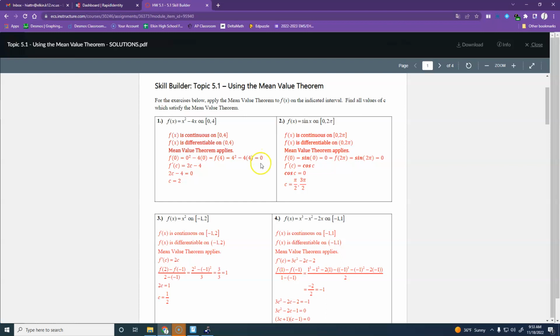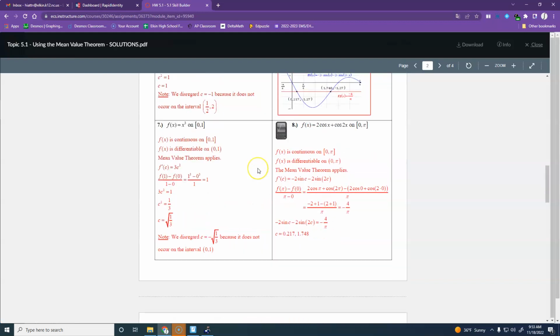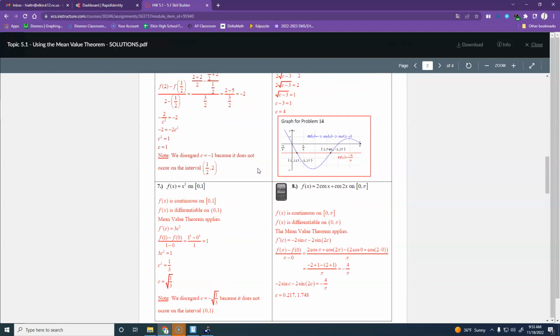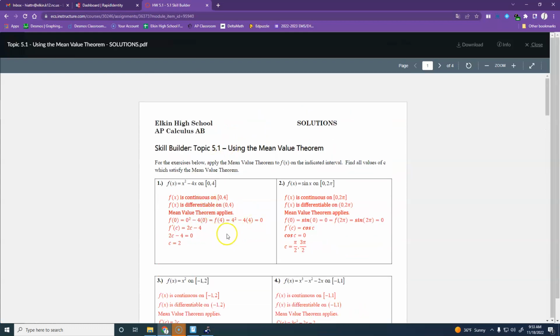Now, obviously, it is going to apply, and it's going to seem a little redundant on these, but it's good practice for remembering that you've got to do those. If you don't do it, I'm not saying I'm not going to give you credit for the homework, but it's a good practice to do that.